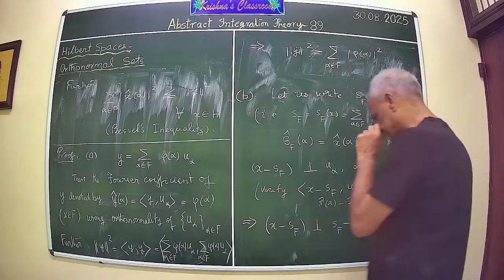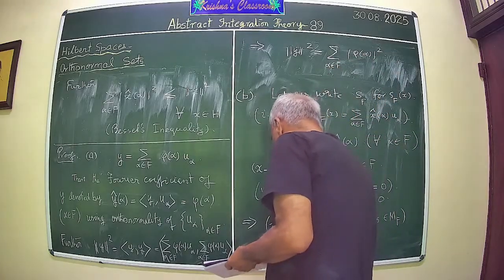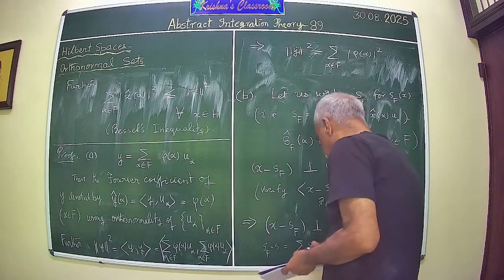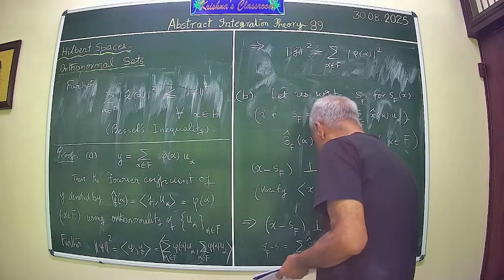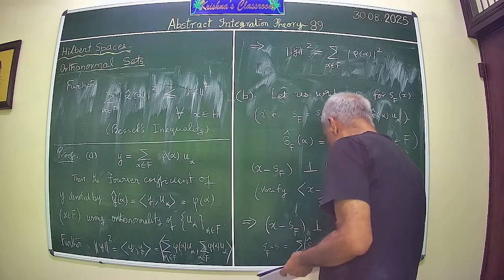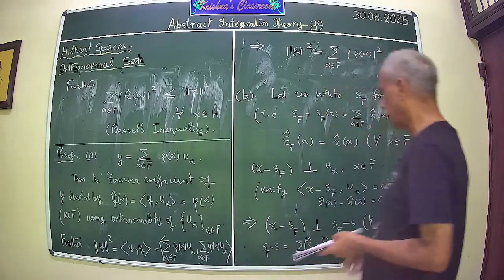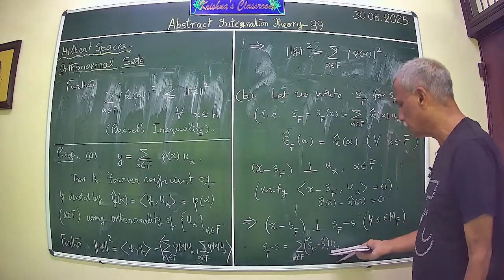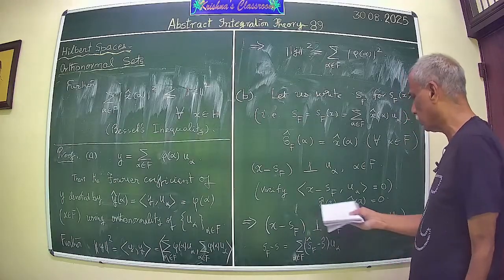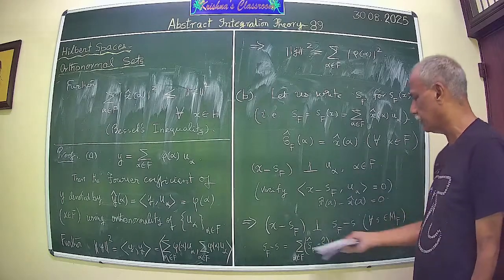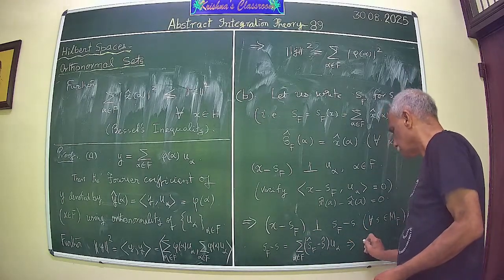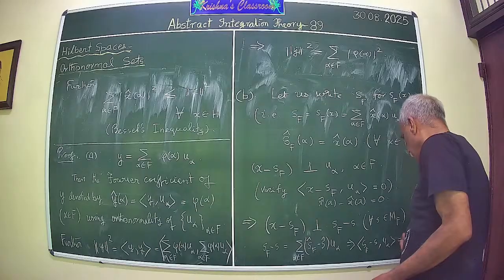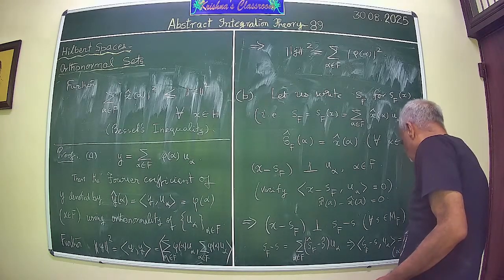Because SF minus S is essentially a summation over alpha belonging to F, and this is orthogonal to every U alpha for alpha belonging to F. Therefore, that's easy.